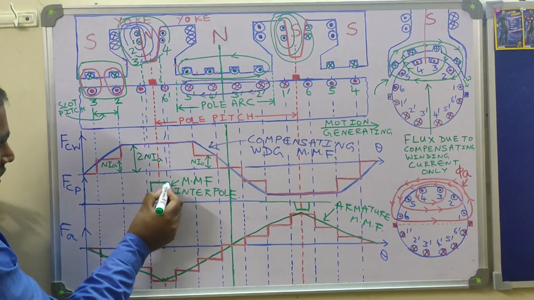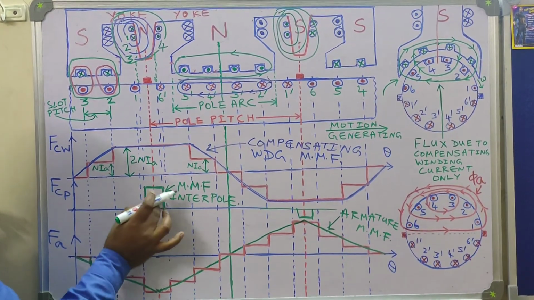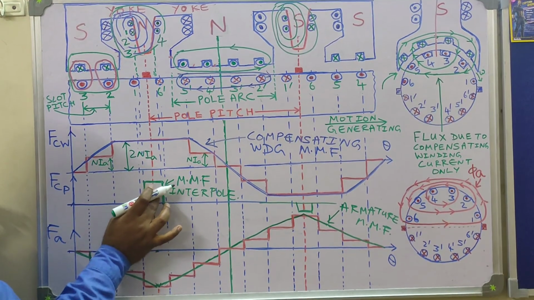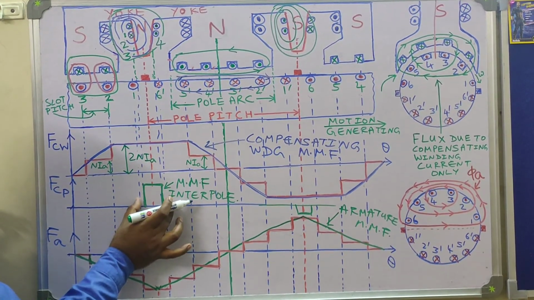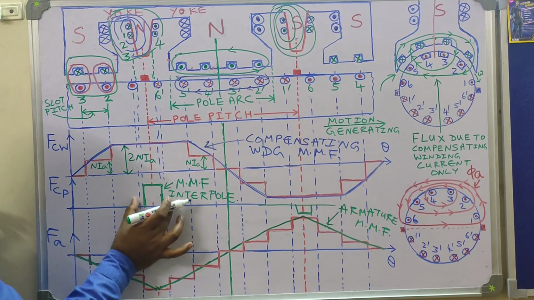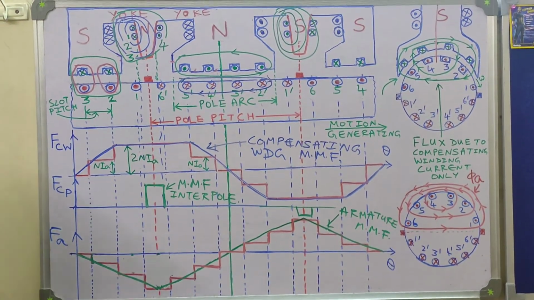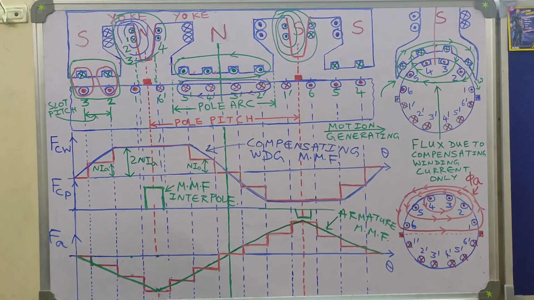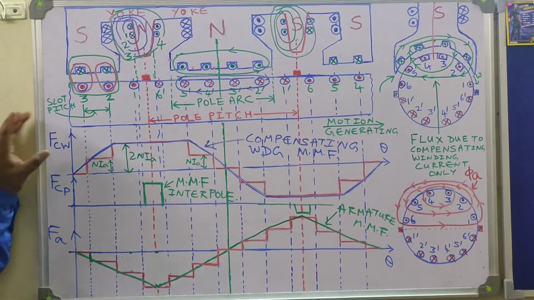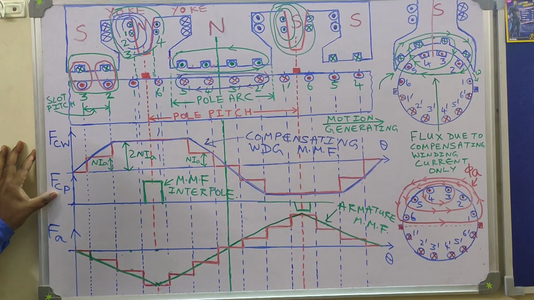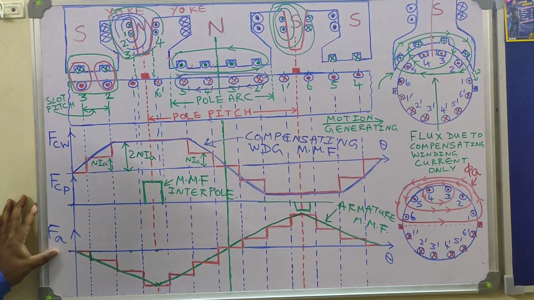So that's why we are having MMF variation like this. In this portion there is no variation in the current enclosed, and over here there is a variation, 2 cross current and 2 dot current. So net current is 0, so the net MMF is 0. Okay, so this is more or less the MMF variation for compensating winding, interpoles or commutating poles, and armature MMF.